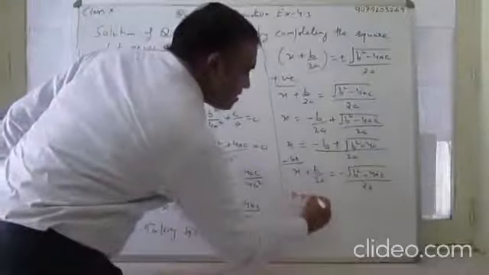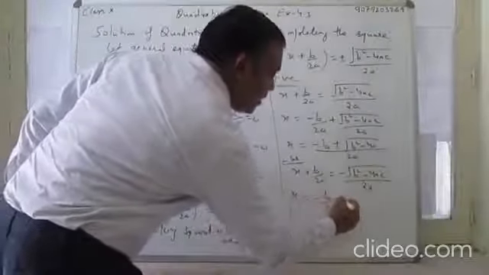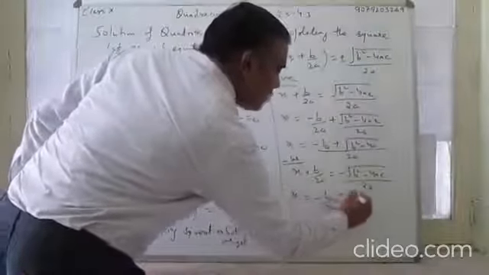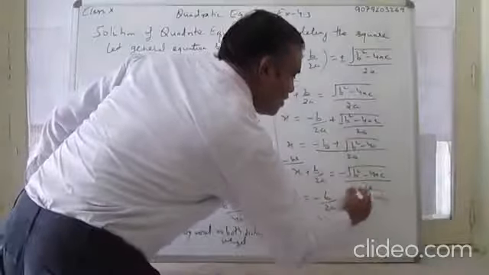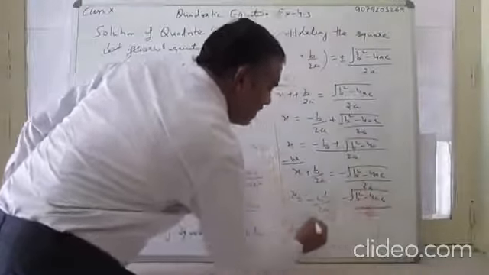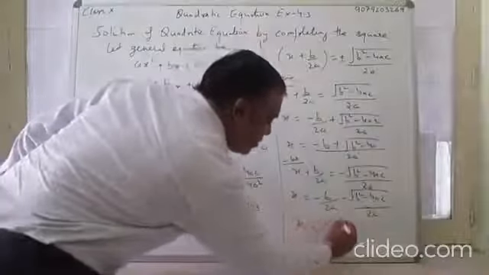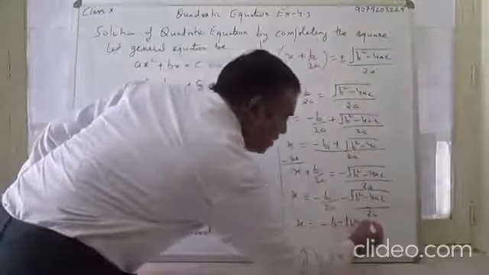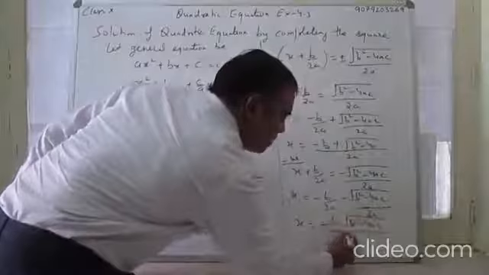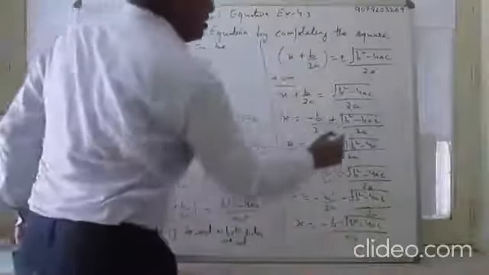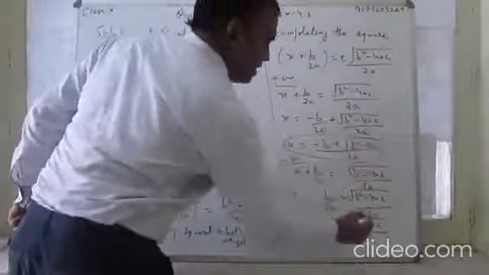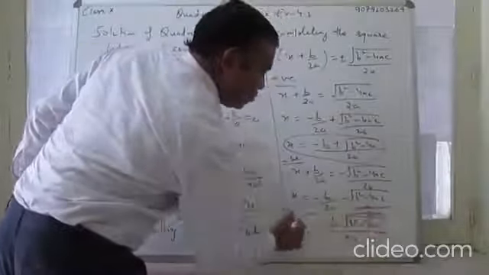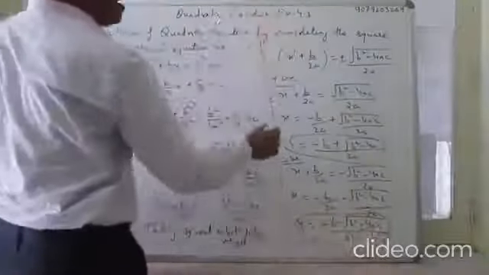So x is equal to minus b upon 2a minus under root b square minus 4ac upon 2a. Take LCM, so it is minus b minus under root b square minus 4ac upon 2a. This is one value and this is second value, there are two roots, so it is also called a quadratic formula.